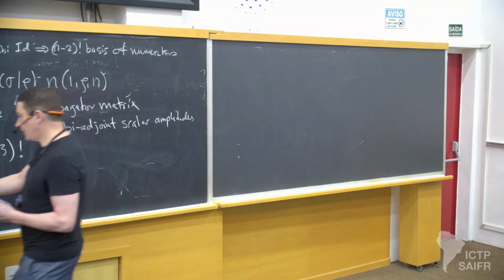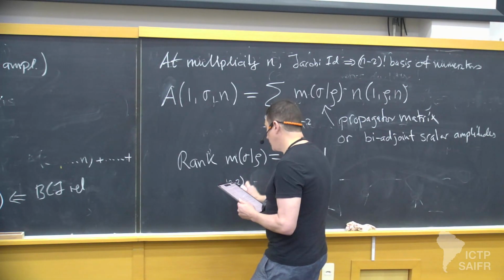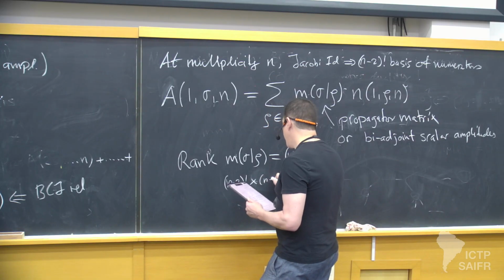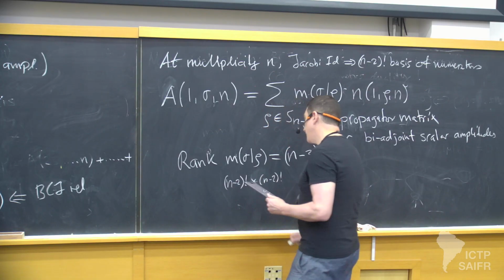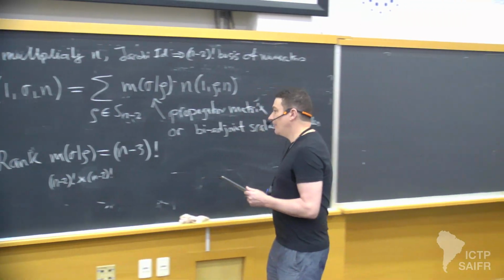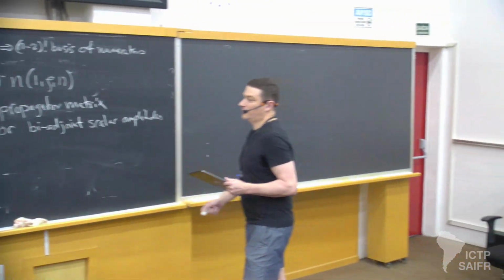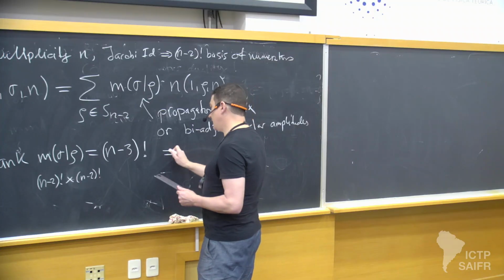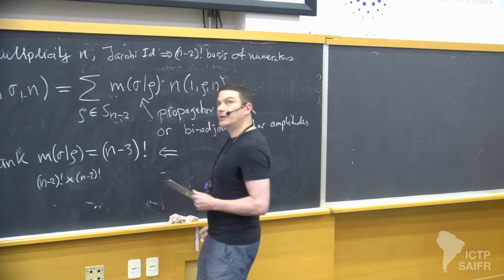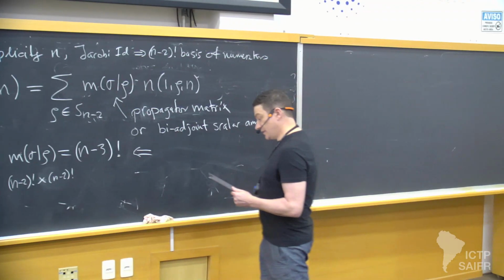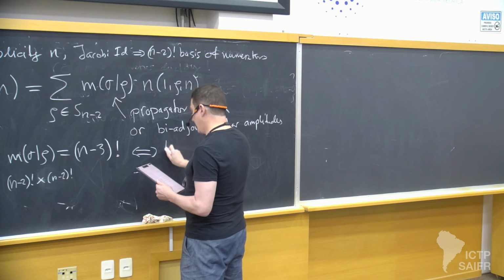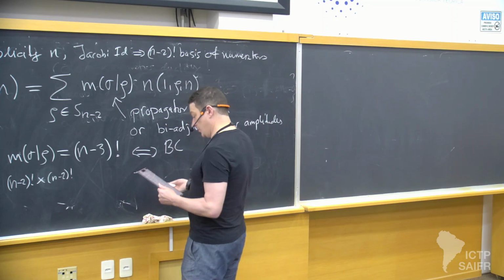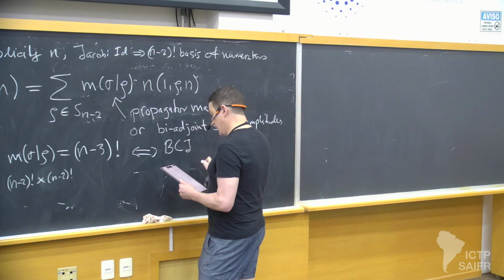So it's a pretty large matrix, but it has a quite large null space. And the fact that there is a null space is the same thing as finding relations between the partial amplitudes, which are the BCJ relations.